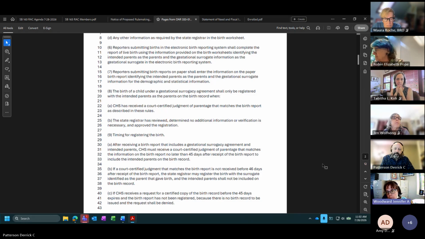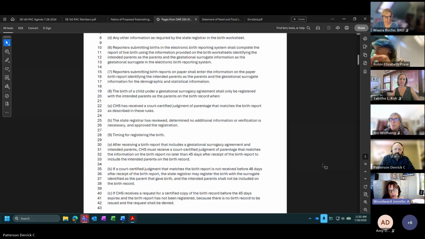Sure. First of all, there are different formats and forms. Originally, section 6 was really providing the reporters, the people completing the birth certificates, particularly at the hospitals, with an understanding of how they're putting it in, and we had the language about making sure it goes into the electronic birth registration system. The reporters who give us paper birth records use a completely different form, and most of the time it's either handwritten or typed in.